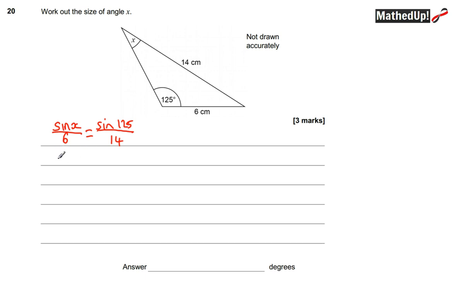Okay, so that means that the sine of the angle X must be equal to, now multiply both sides of these equations by 6, so I get 6 sine 125 divided by 14.